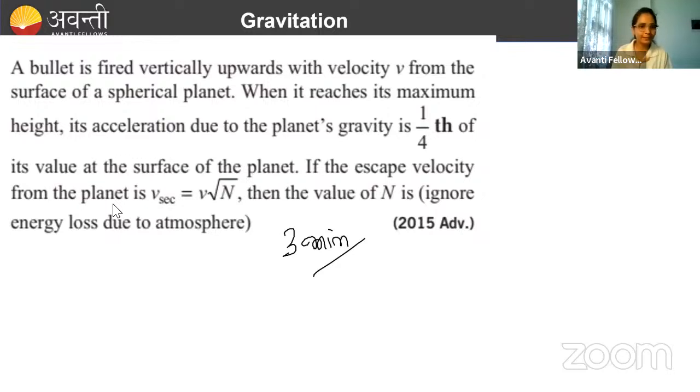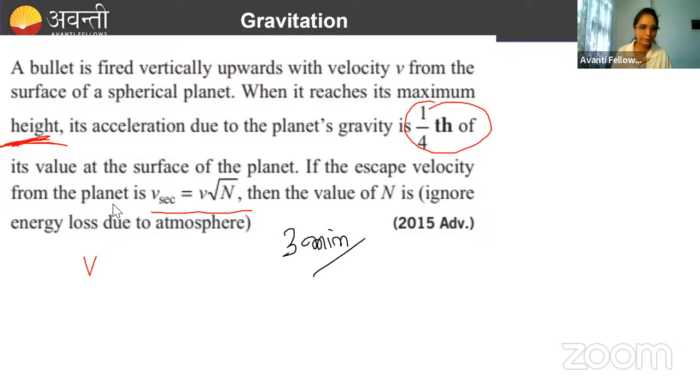When it reaches its maximum height, at maximum height, its acceleration due to the planet's gravity is 1/4 of the value at the surface. Done. It is given that the escape velocity from the planet is written in terms of v. v was what? The velocity with which it was shot from the surface.